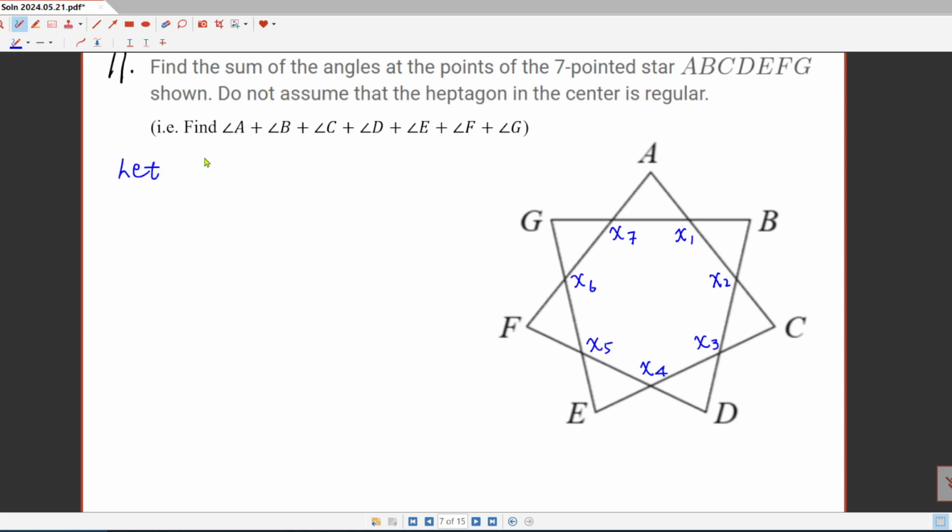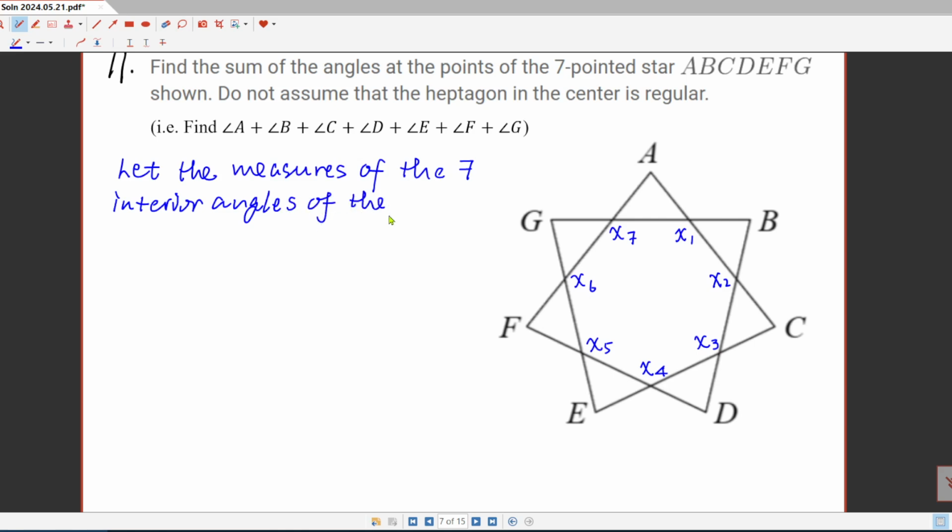First of all, let your readers know the meaning of x1 to x7. So we could say, let the measures of the 7 interior angles of the heptagon be x1, x2, and all the way to x7, as shown in the diagram.